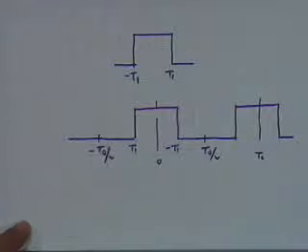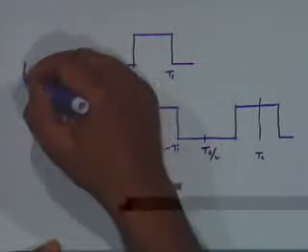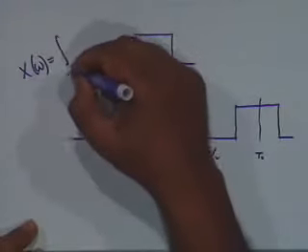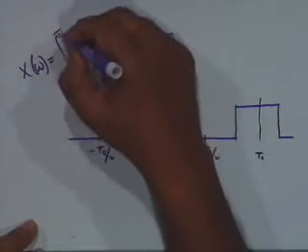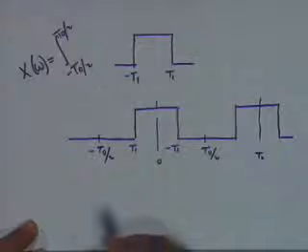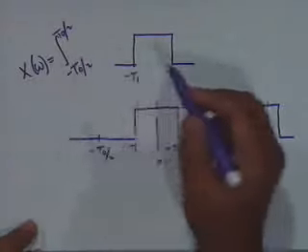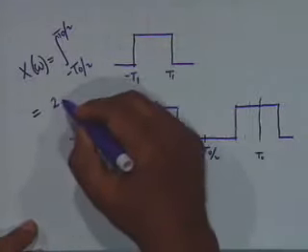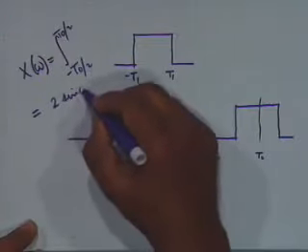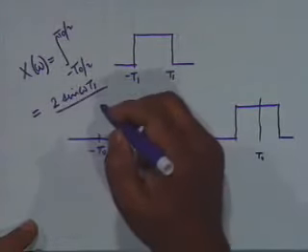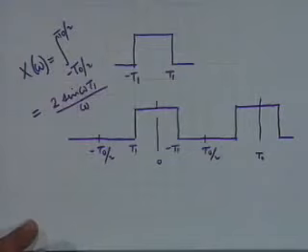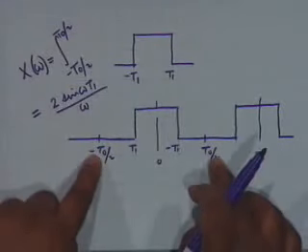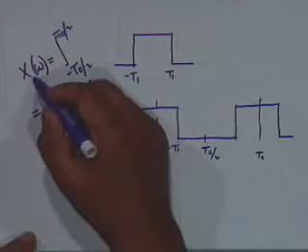Let's take, for evaluating capital X of omega, one of the integrals as minus T0 by 2 to plus T0 by 2. Then you know what the value is. What was the value? Twice sine of omega T1 divided by omega, right? That's the value if I integrate from here to here, alright, and let's call this X1 of omega.